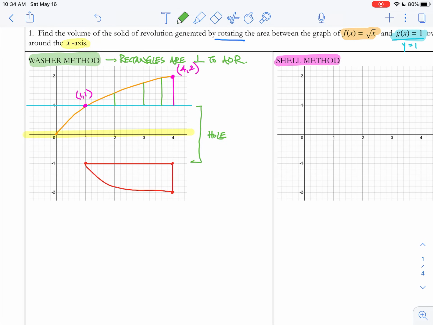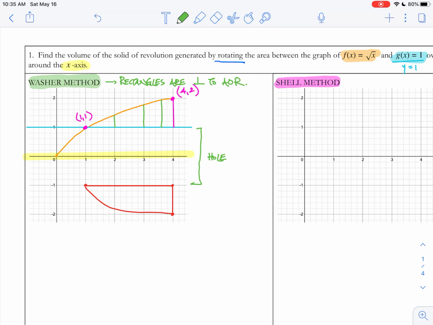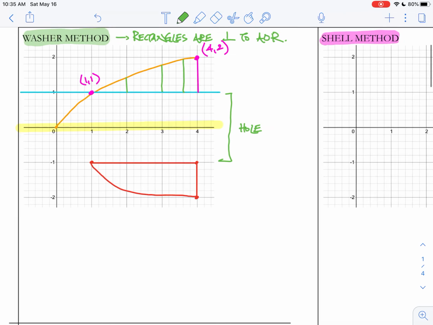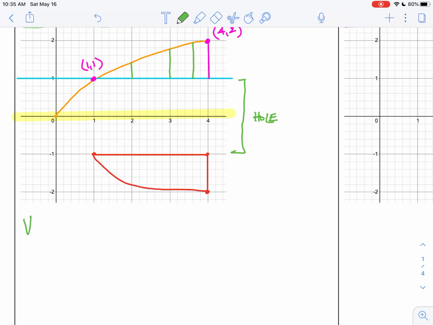If I know that I'm using washer method, then I'm saying that the volume equals pi, the integral from a to b of big R squared minus little r squared dx. Now, I know that I'm going to have the pi in the front. I even know my bounds are going to be 1 to 4 because I pick the x value here and the x value here.